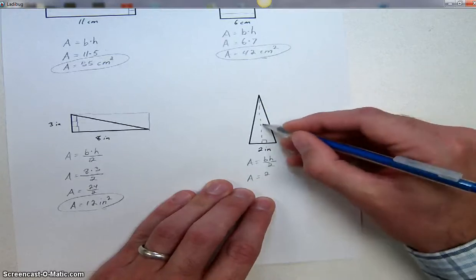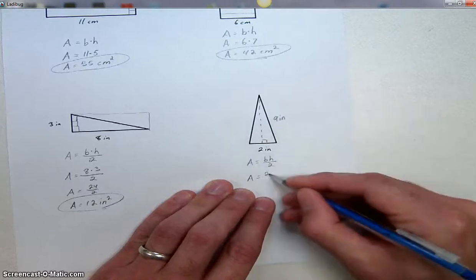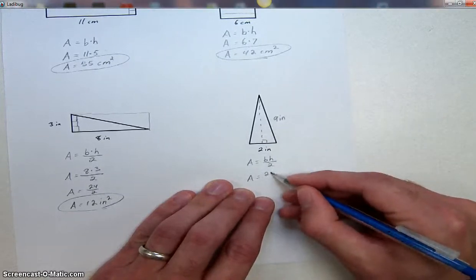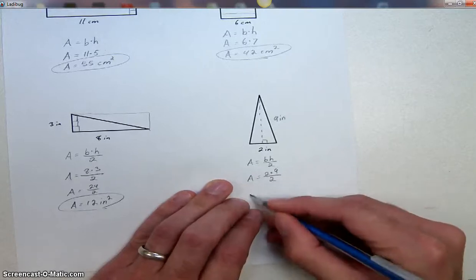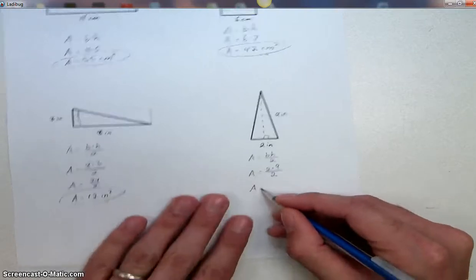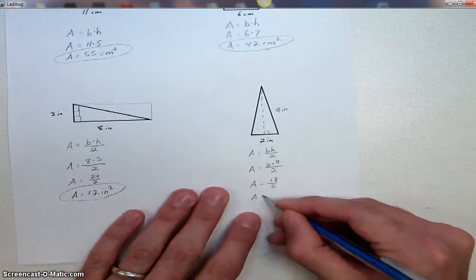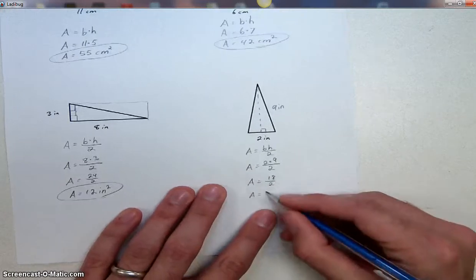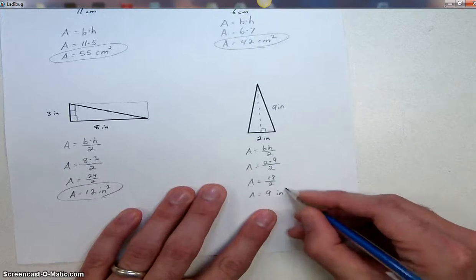Let's say that height there is 9 inches. So I'm going to take my base, which is again 2, times my height, which is 9, and again divide that by 2. Area is going to be equal to 18 divided by 2, so my area, which is the number of squares inside that shape, is going to be equal to 9 square inches.